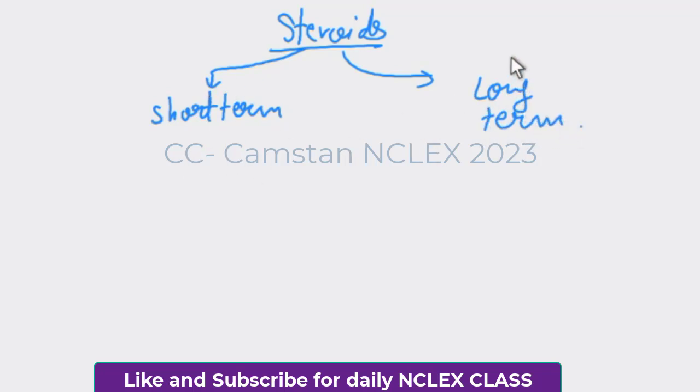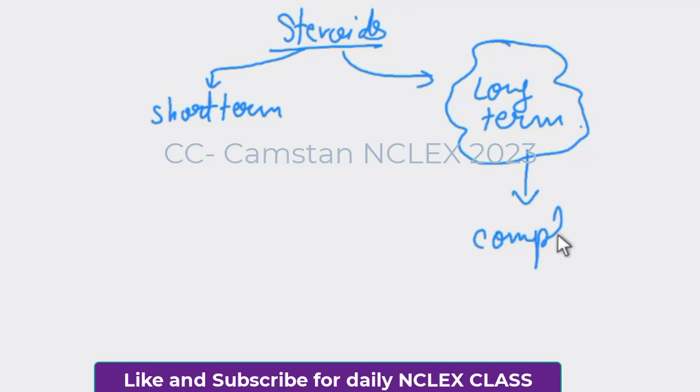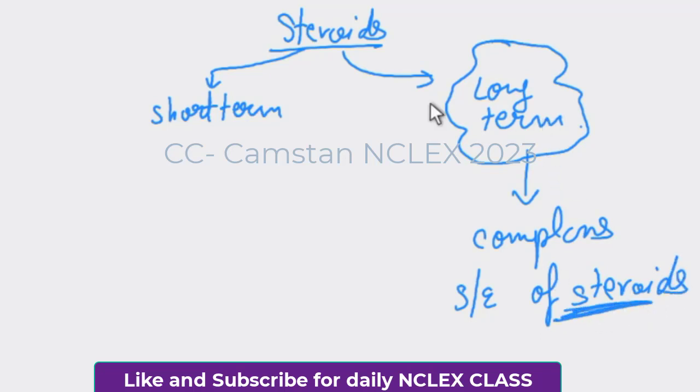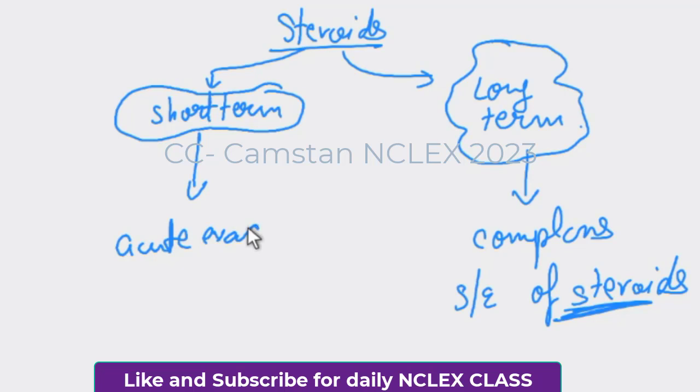If we give long-term therapy, it is not beneficial because it can lead to complications, or we can say side effects of steroids, right? So that's why we do not give long-term therapy, but we give short-term therapy whenever there is acute exacerbation of the disease, right?